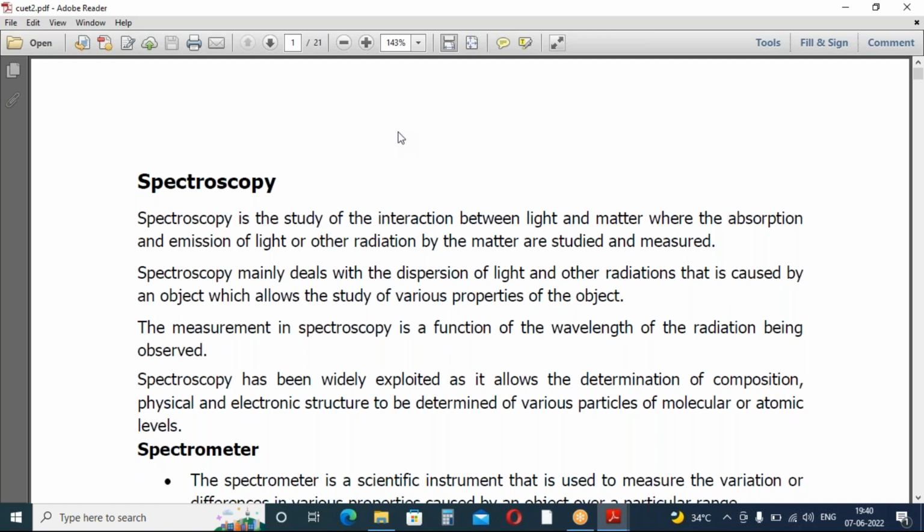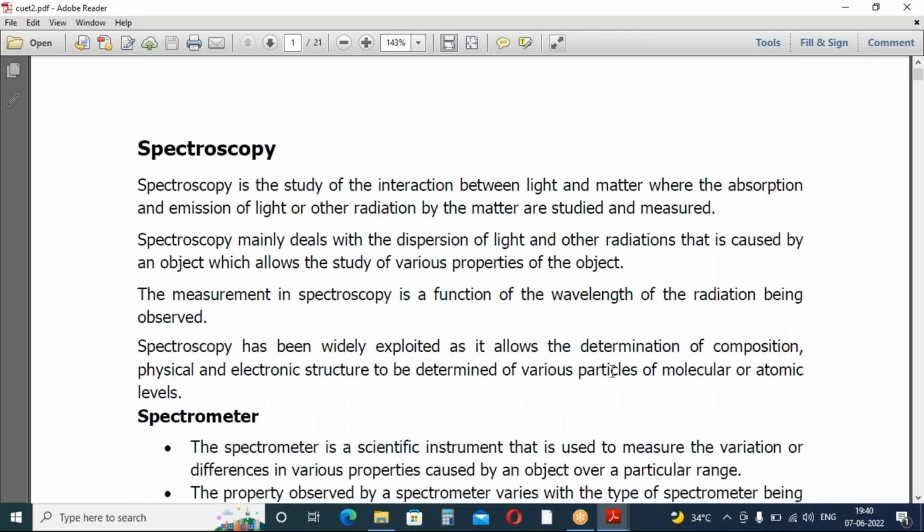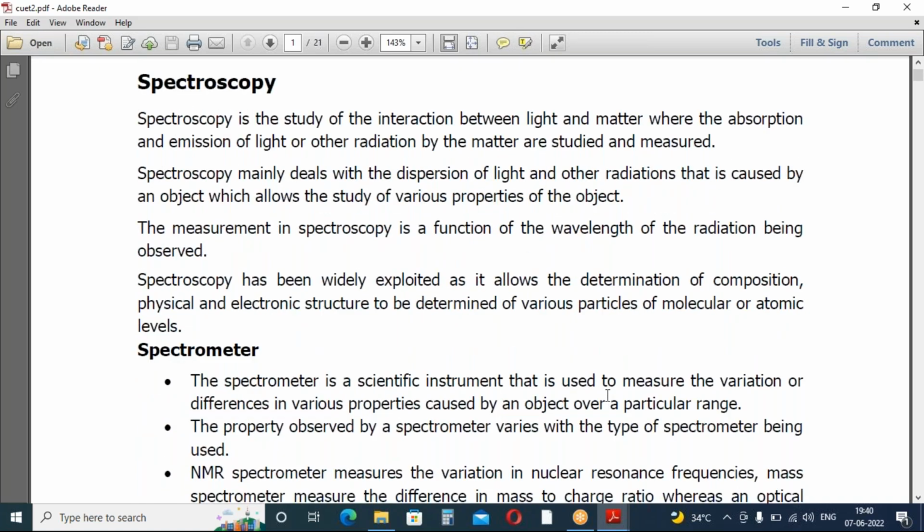Okay, and spectroscopy mainly deals with the dispersion of light and other radiation caused by the light, which is focused on a particular object. Okay, and this is mainly based on the wavelength, because here we are using light containing different radiations and different wavelengths, and based on that wavelength it detects the components.